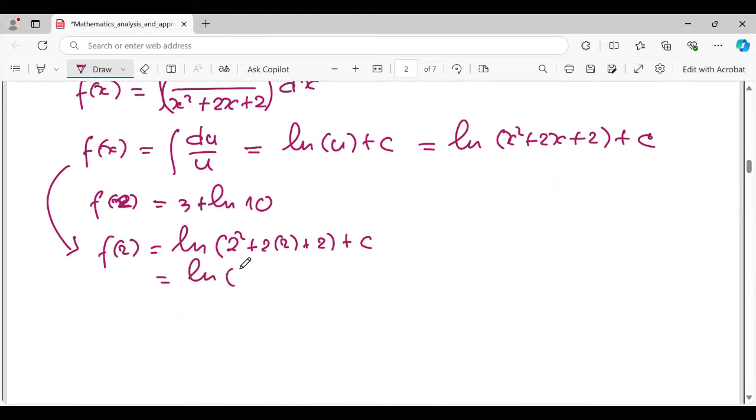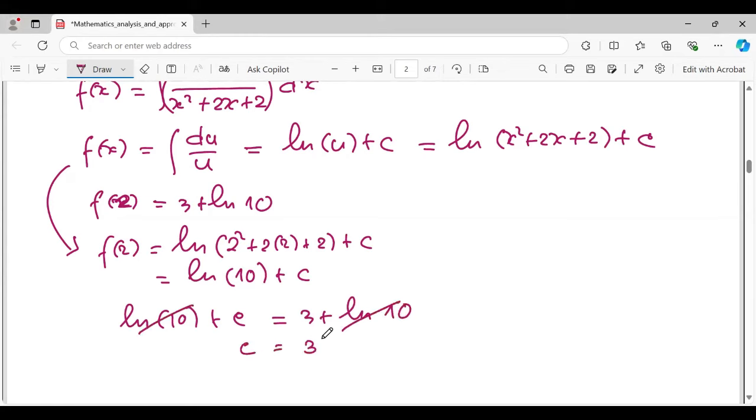This is ln 10 as well. So ln 10 plus c, and f(2) equals f(2), so 3 plus ln 10 equals ln 10 plus c. So c equals 3.